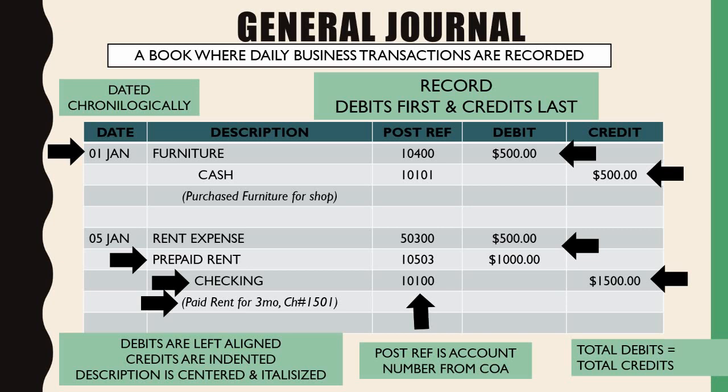But if other people are looking into your work and they don't see any descriptions of what that transaction is, if I bought rent, how do I know how much rent I bought? How do I know how many months of rent I purchased, okay? I don't know, because I need to put a description saying, well, I paid for rent for 3 months, and I used check number 501, okay?